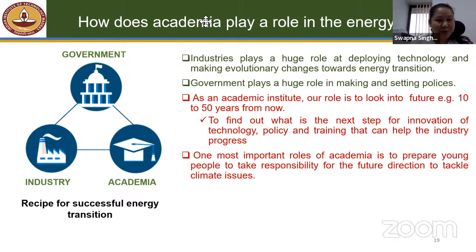So, again, there is a lot of discussion on CCU and CCS, utilization and storage. But I would say, according to my experience and studies, I think the optimal solution will be to go together, because you cannot utilize all of it. The CO2 emission is a huge number, right?